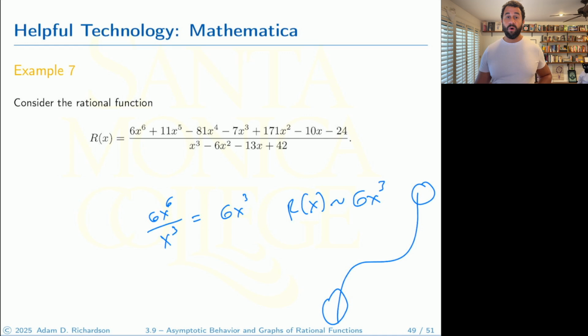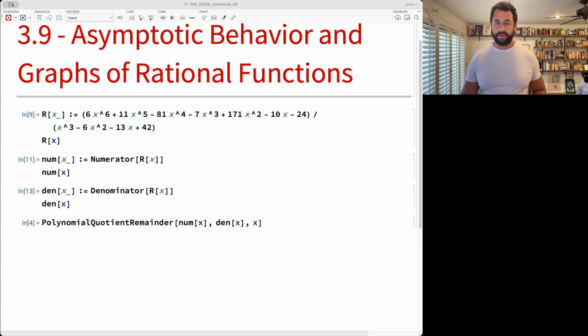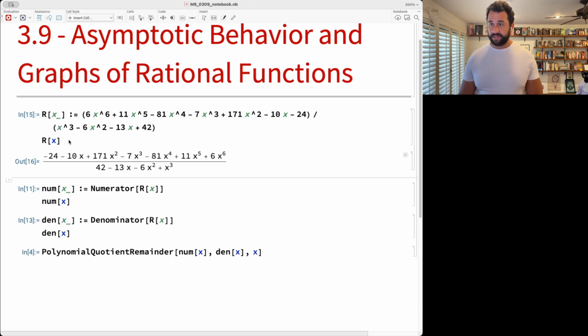I want to know what I would get if I had to do the division algorithm. Okay, here we go. What I did was instantiate the function r of x so that it was easier to refer to and I didn't have to keep entering it. I hit shift return, and this is just me verifying that this is what it should be.